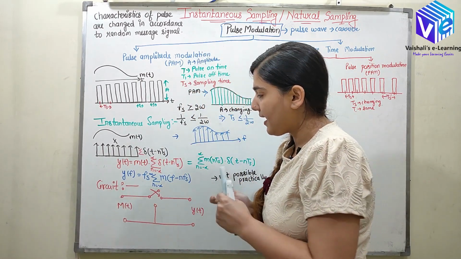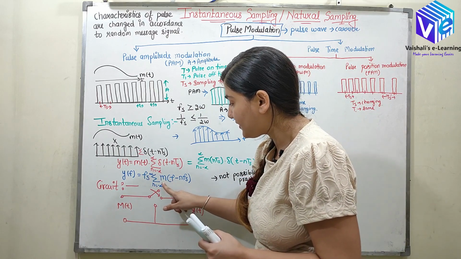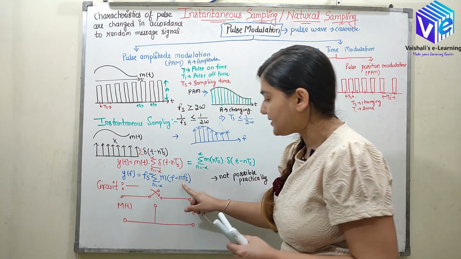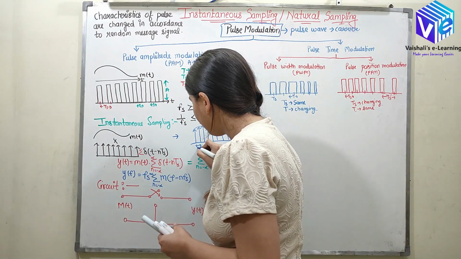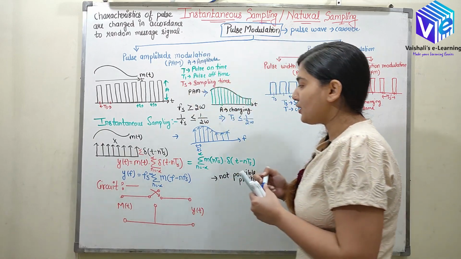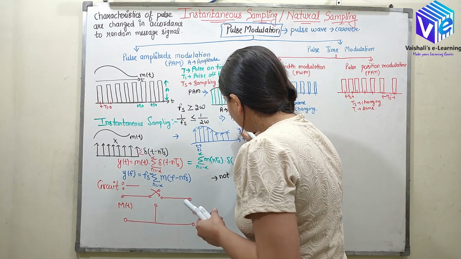So y of f was Fs multiplied by the message signal at the different instants nFs. The difference between them would be Fs. Now this is the output y of f.